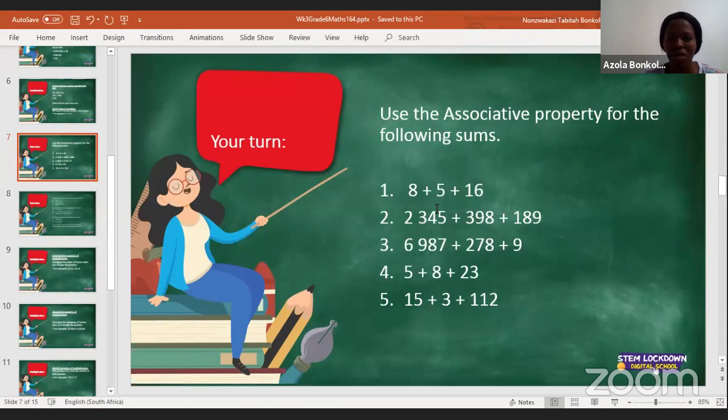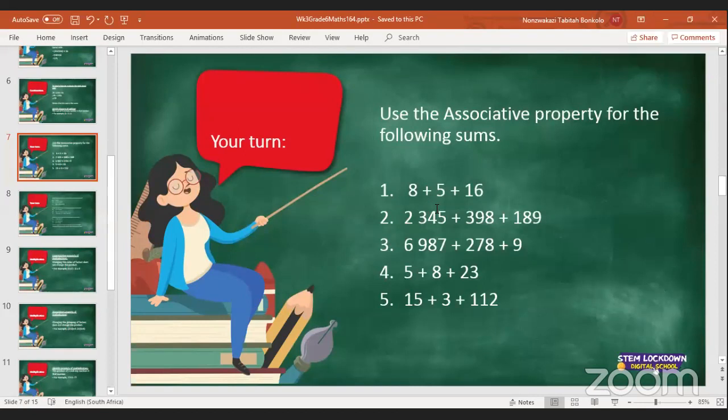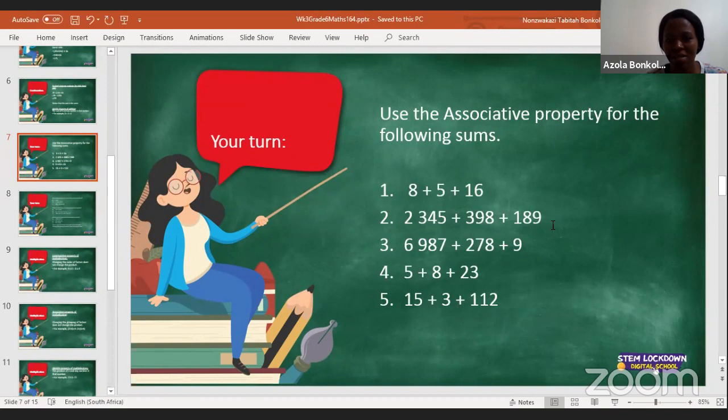Can we have someone else that is going to do number 2 for us? Thank you, Zandile. He now has a mic, so I have unmuted Lucky. Oh, okay, thank you. Lucky? Can we have number 2, Lucky?